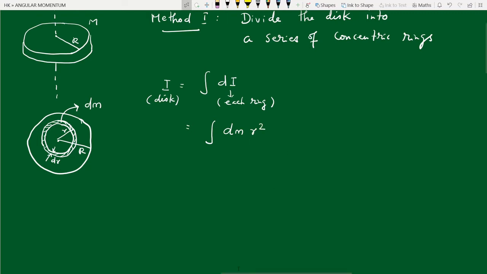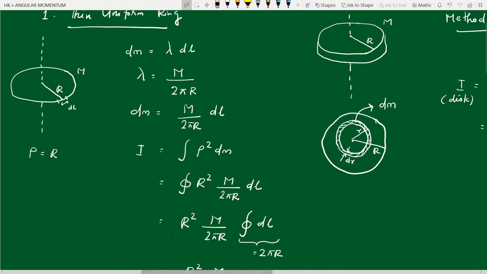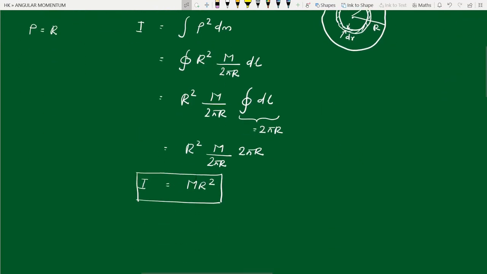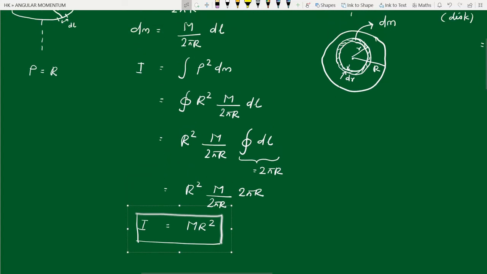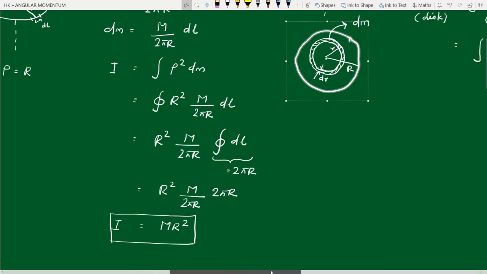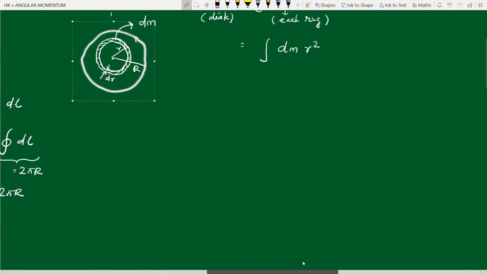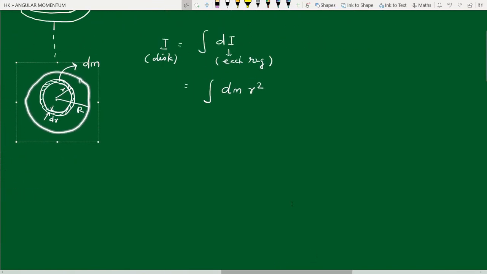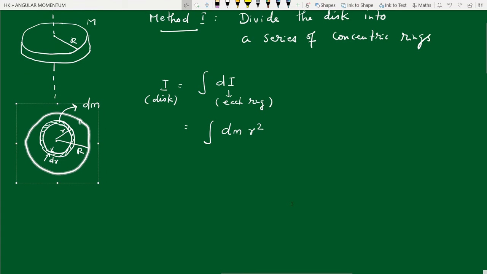Instead of capital M we have dm, and instead of capital R we have small r. So the moment of inertia of this elemental ring is dm into r square. So what is the moment of inertia of the disk? Integral dm into r square.